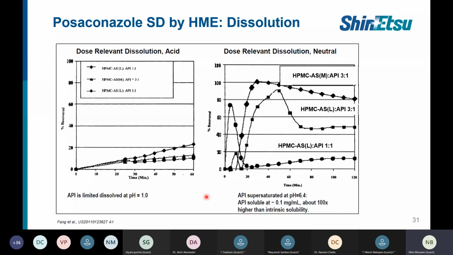This is again the information shared in the patent. So the API supersaturated at pH 6.4, and the API solubility, which was around 0.1 milligram per ml, is increased almost 100 times.